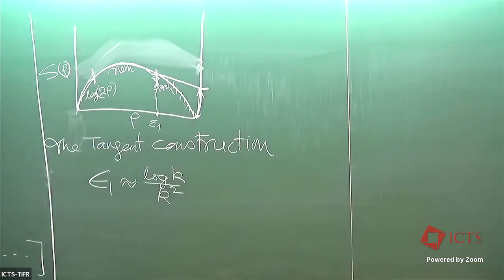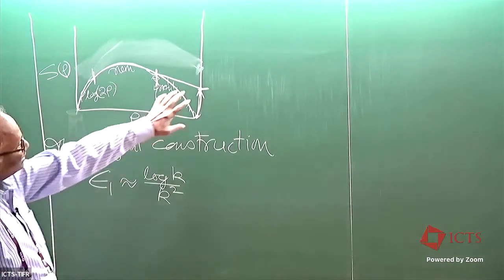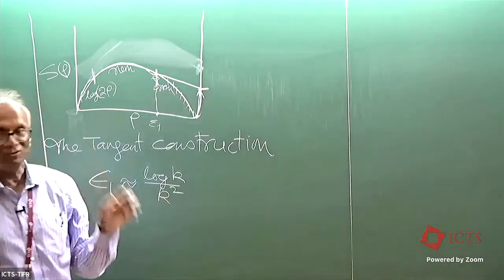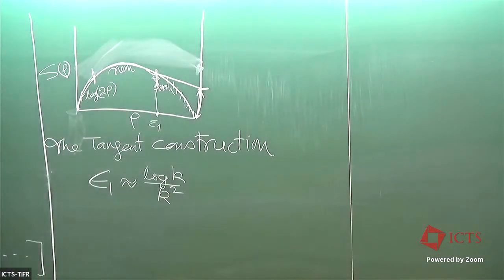But if you actually take a system at finite activity, then it seems reasonable that it cannot be fully covered. The high density phase will not be fully covered. There will be holes with finite probability. And so rho 2 will actually not be 1, but within this approximation, it turns out to be 0. And if you do an improved approximation, the epsilon 2 comes out to be exponential minus k.